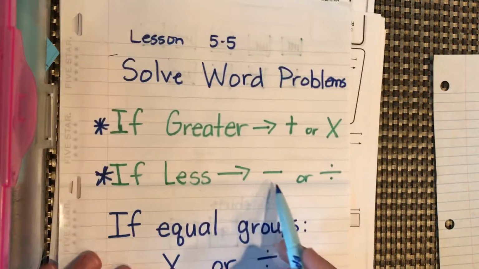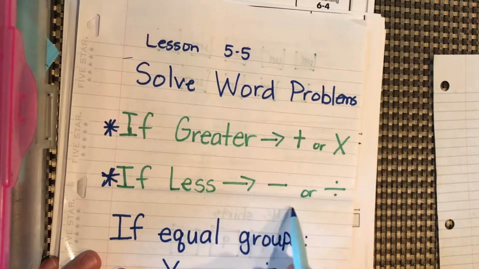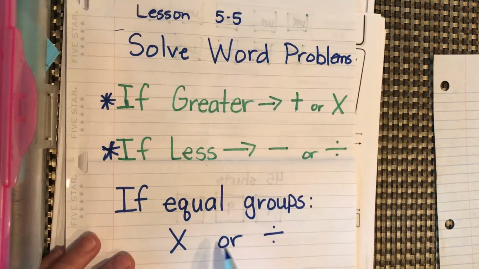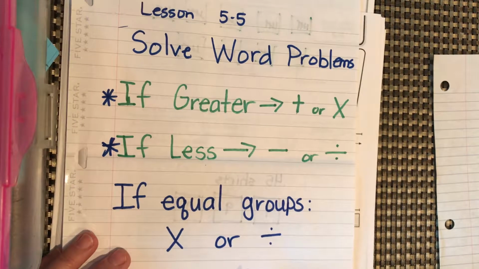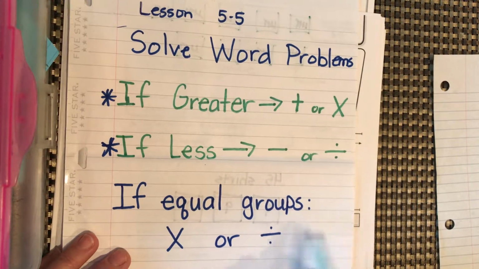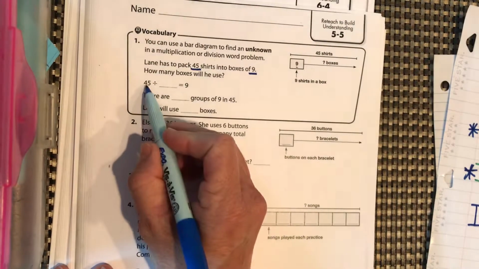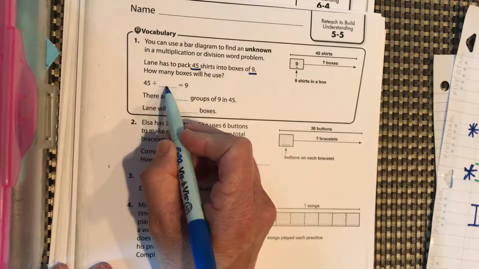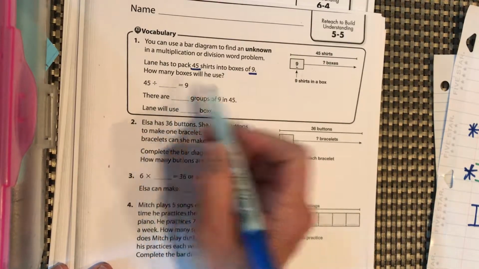So we know we're going to subtract or divide. The question is, do we have equal groups? Is there the same number of shirts in each box? Yes, so we are going to divide. So 45 divided by how many boxes equals 9 in each box.